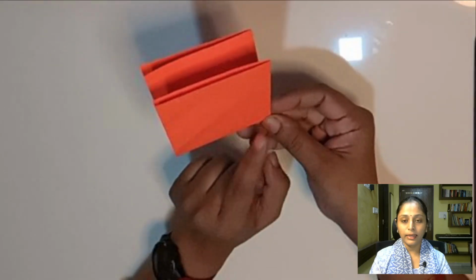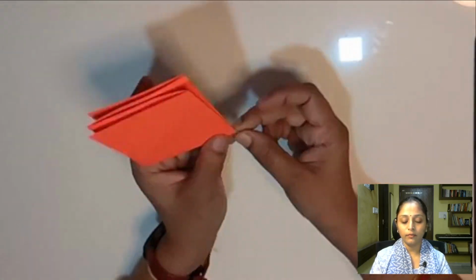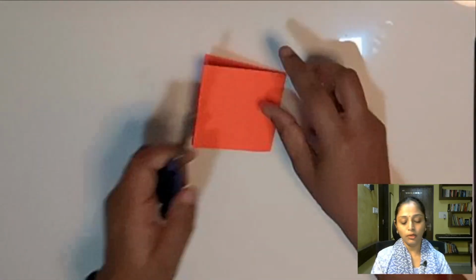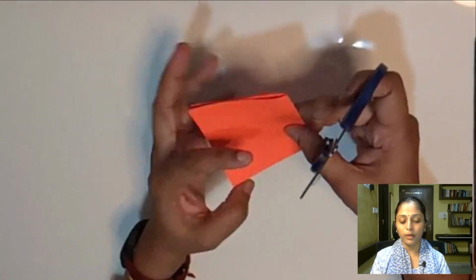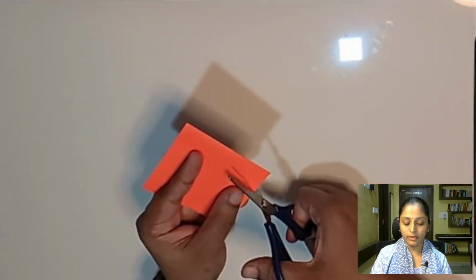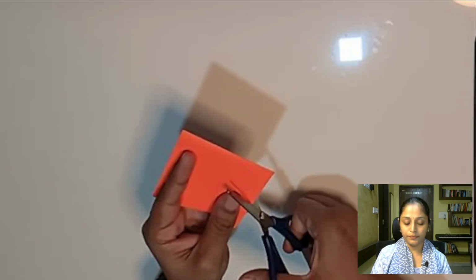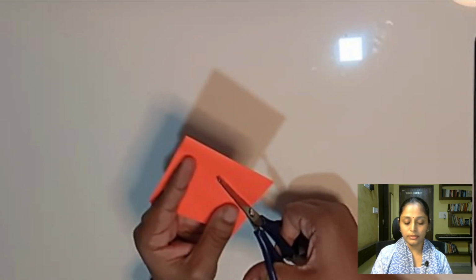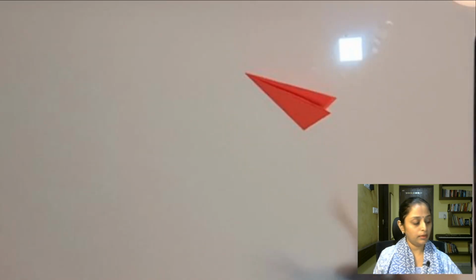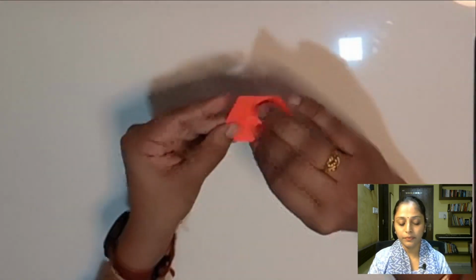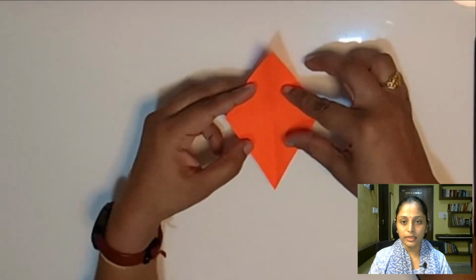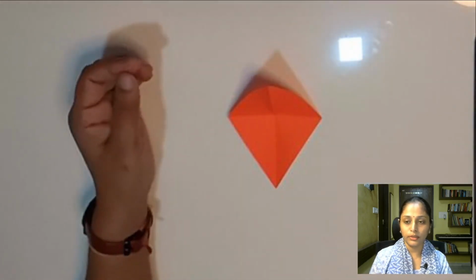Now take this corner, which is the closed corner. All these are open corners, whereas this one is a closed corner. And what I'm going to do here is make one single cut, okay. So if I cut it like this, then what I have here is a rhombus, okay. So this is my rhombus. This is what they're asking us to do in the activity.